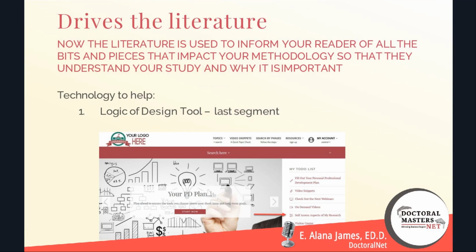These things drive the literature, and back to the literature, because now you're looking for whether or not your reader will have all the pieces you now understand.